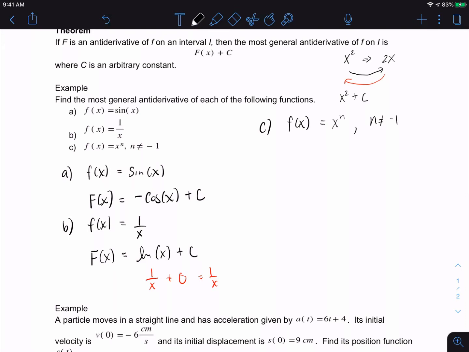We know x squared, right? So if I have x squared, what's the antiderivative that would give me x squared as an answer?